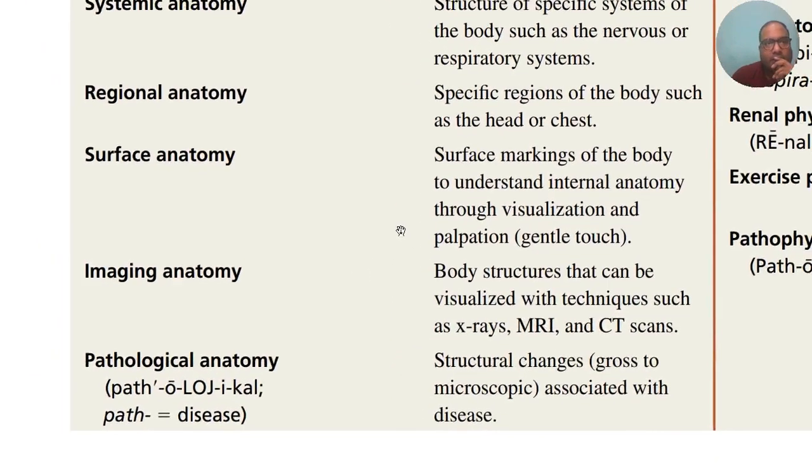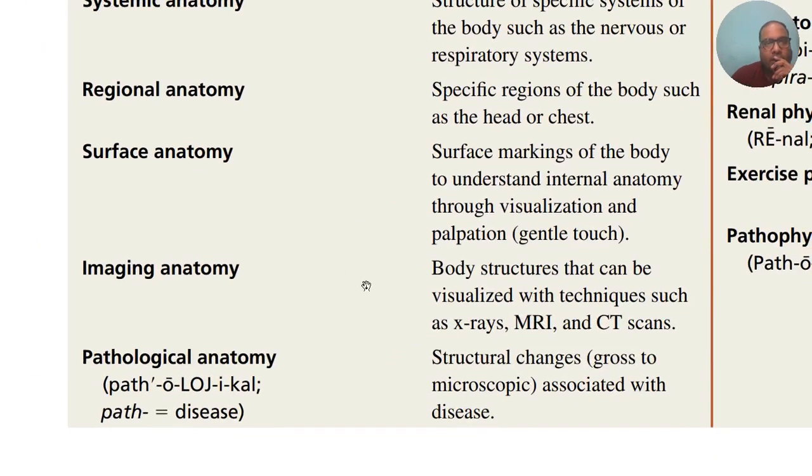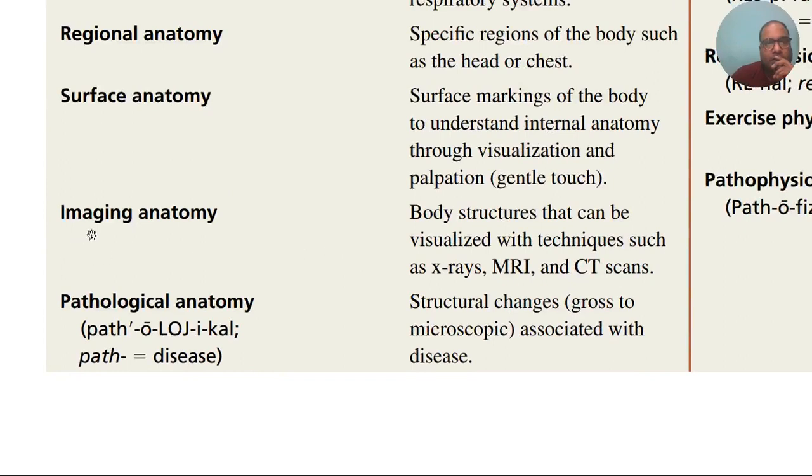Next is imaging anatomy, body structures that can be visualized with the help of techniques such as X-rays, MRI and CT scan. There are many imaging techniques with which anatomical studies are done by taking images with the help of rays: X-rays, magnetic resonance imaging, computed tomography.